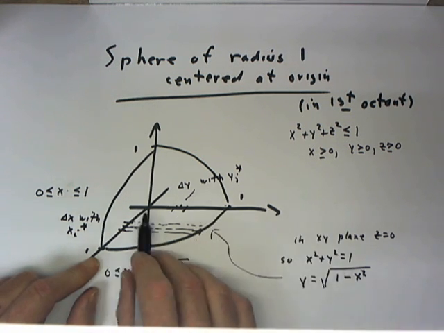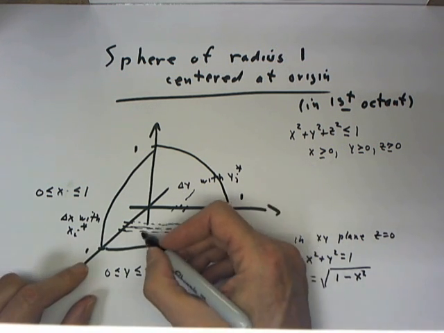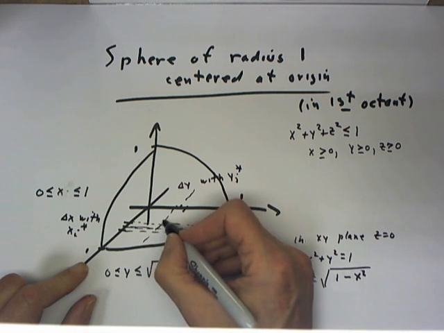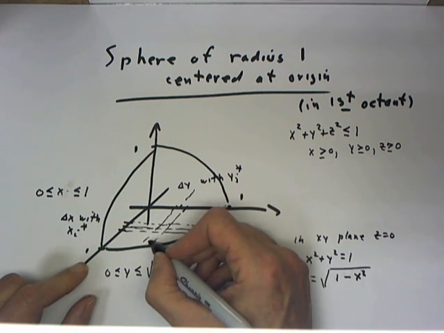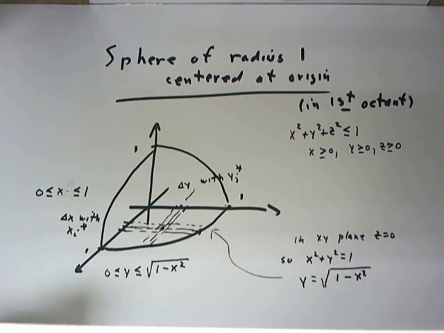So we're partitioning the interval from 0 to the square root of 1 minus x squared, and that partition will give us a sample point down here.